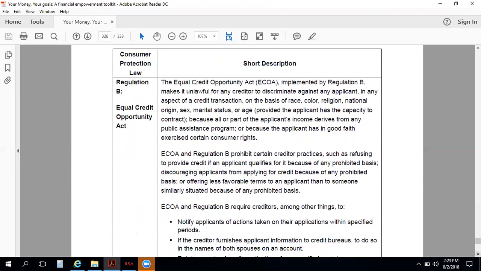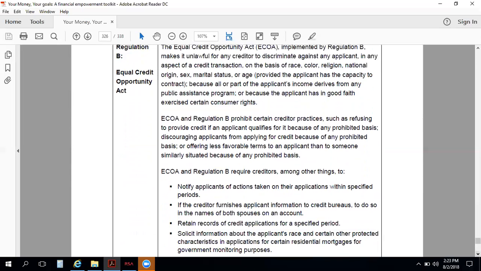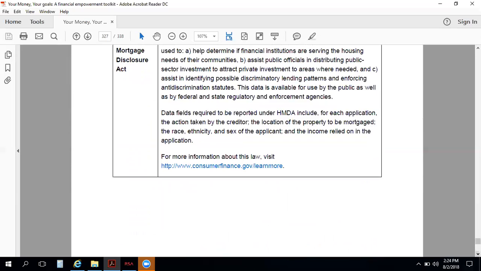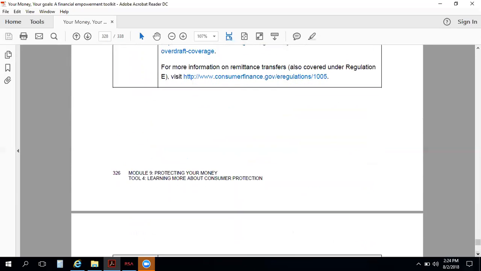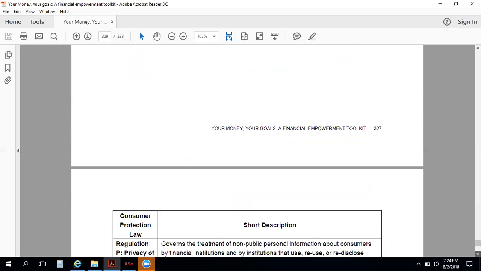I'm not going to go through these, but the next couple of pages are just a short summary of the different consumer protection laws that are out there, how they work, and how they can protect your clients' rights. You can go through these on your own time.